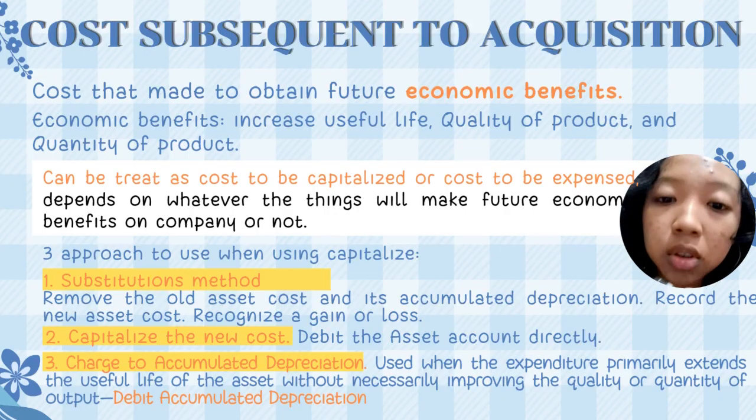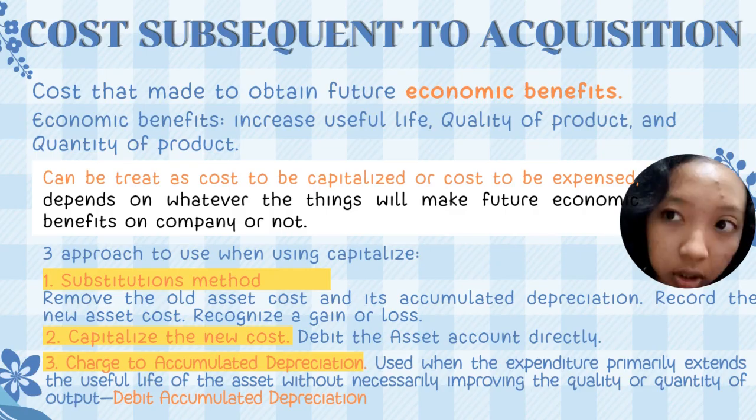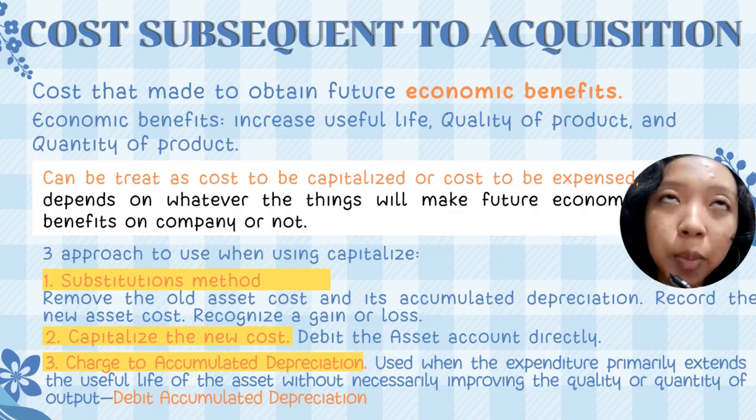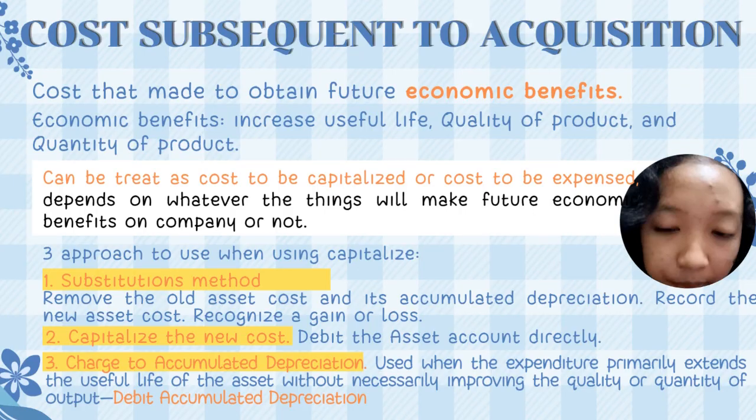And also, cost subsequent to acquisition can be treated as cost to be capitalized or cost to be expensed, depending on whether it will make future economic benefit for the company or not. If it makes future economic benefit for the company, the cost will be treated as capitalized. And if it does not bring future economic benefit for the company, it will be treated as cost to be expensed.